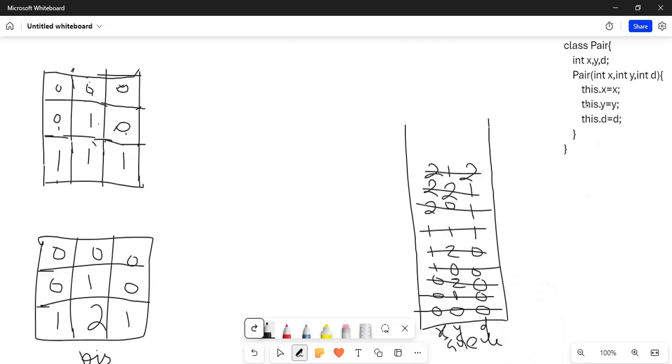The pair class will contain x, y, d. You must know how to write a pair class or any class. I think you are able to write any class. So make visited, queue, and pair class.